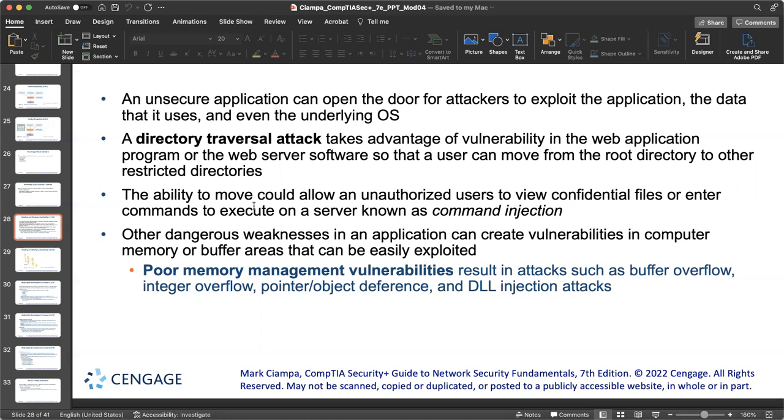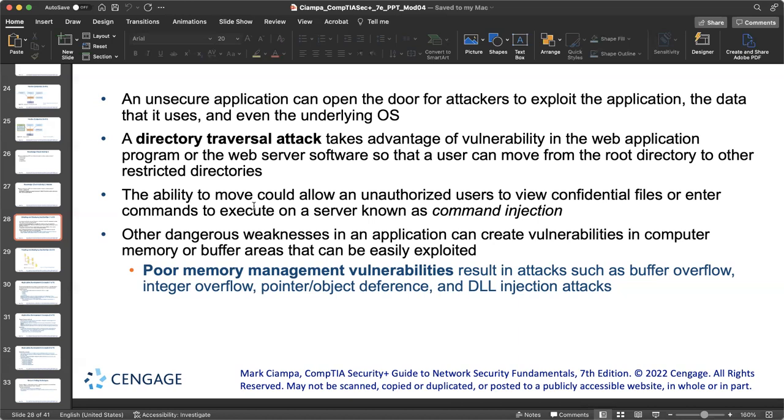A directory traversal attack takes advantage of a vulnerability in the web application program or the web server software so that the user can move from the root directory that they have access to other restricted directories. The ability to move to another directory could allow an unauthorized user to view confidential files or even enter commands to execute on a server, which we call command injection.